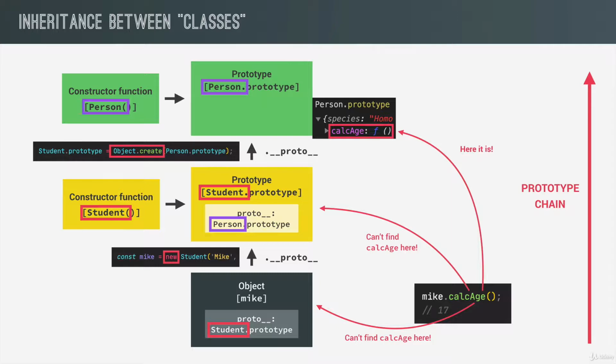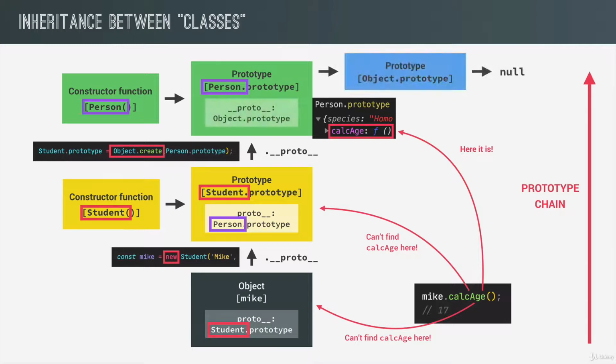Great. And since we're already here, let's also quickly complete the prototype chain. So just like before, Object.prototype will sit on top of the prototype chain. So of course, we could still call a method like the hasOwnProperty method on Mike. It doesn't matter how far away in the prototype chain a method is.